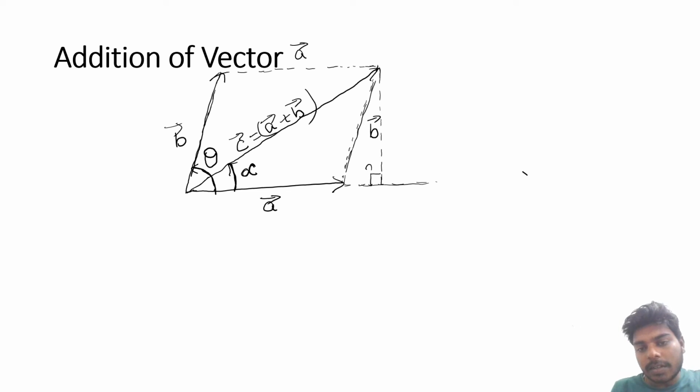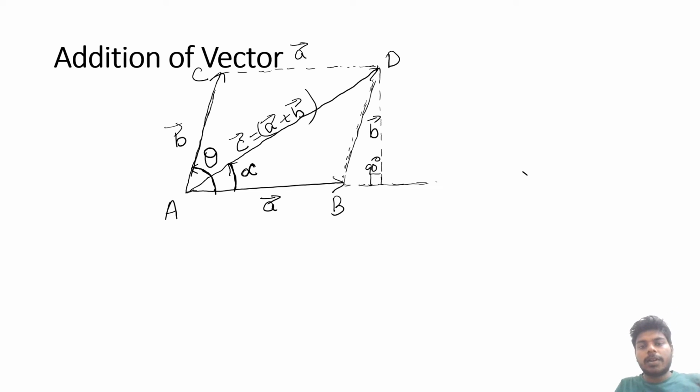This is 90°. Now name it: this is a, this is b vector, so AB, and then this is C, and this is D.